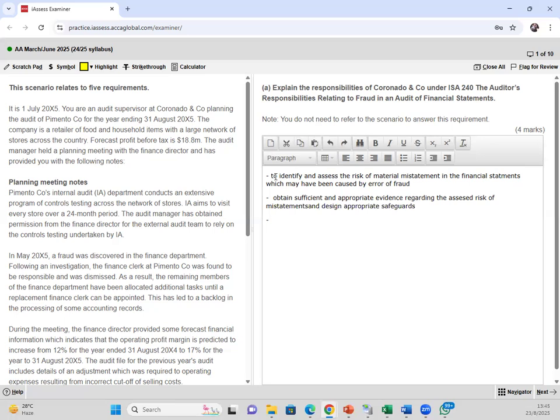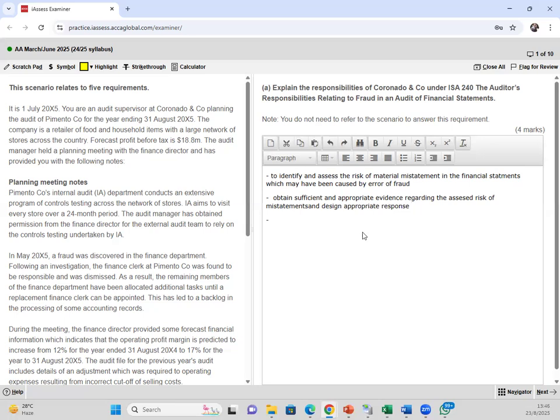Then after you've identified the risk, your other responsibility is to gather evidence and design appropriate responses. So for every audit risk, you need to design an appropriate response.